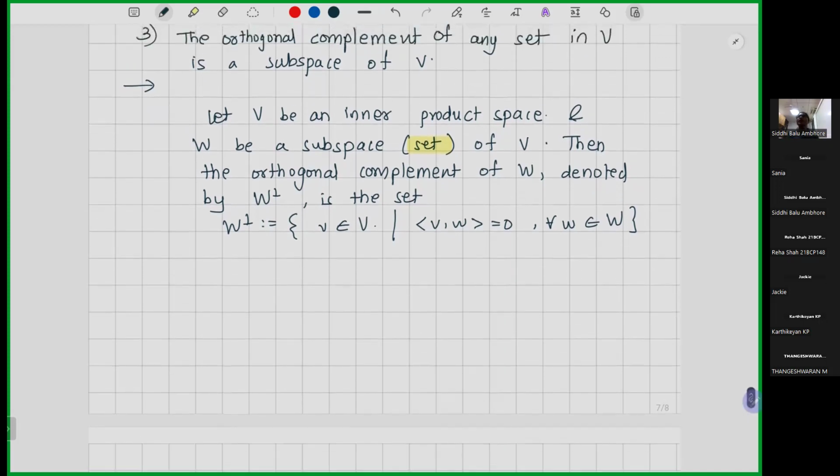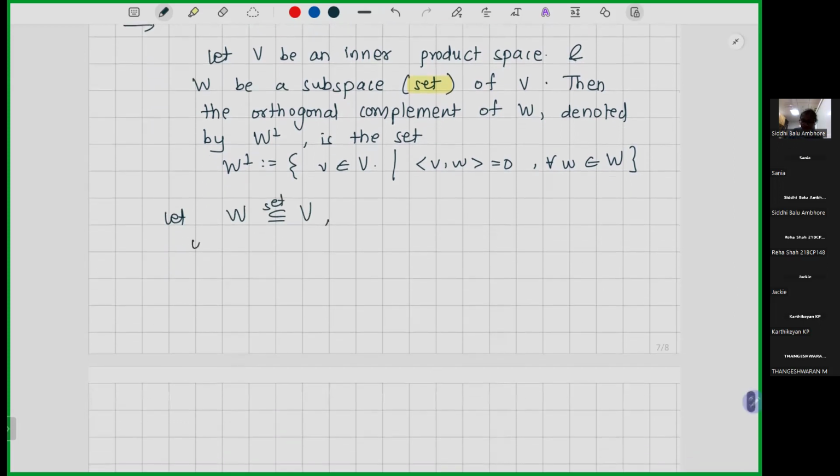So if I give two elements from the orthogonal complement of W. Let W be a subset of V. It's not a subset, they are just talking about any set of V. And then what is the orthogonal complement? It is the set of all such elements. Is W not already a subspace of V?